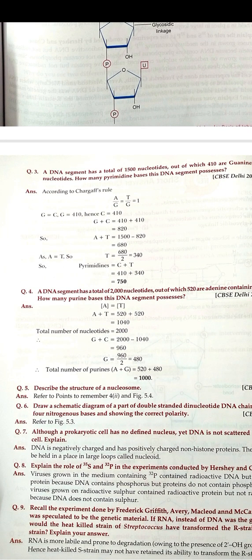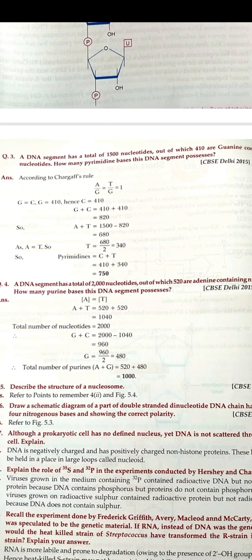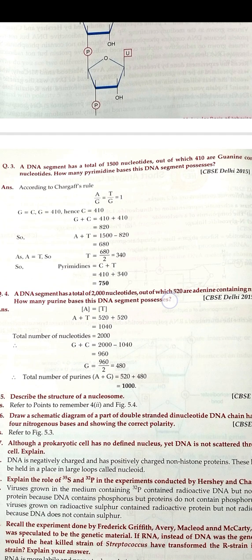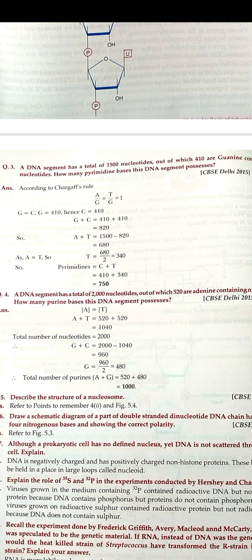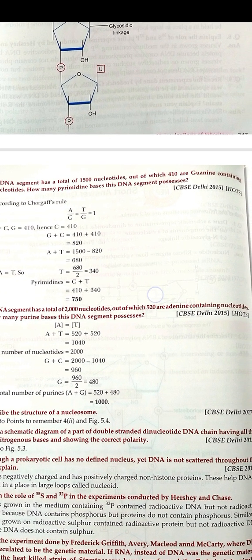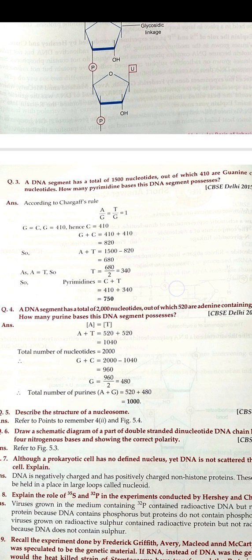And next question, third. This question was asked in CBSE Delhi 2015. A DNA segment has a total of 1500 nucleotides, out of which 410 are guanine containing nucleotides.